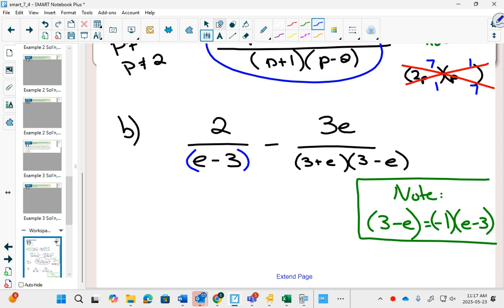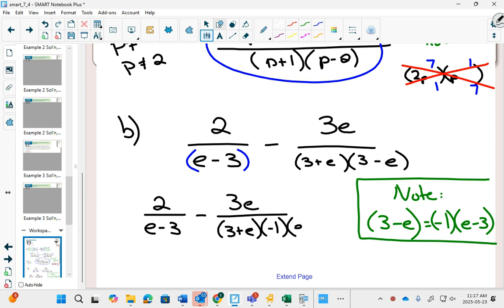So I'm going to rewrite things, with that -1 factored out. Because now you see, I'm just going to underline it in purple, that at least those two are the same.